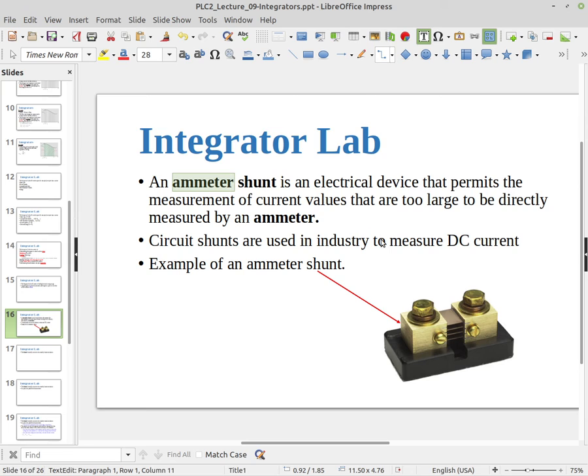So you might have this electric motor with 1,000 amperes running through it, and you want to measure that current so you know exactly what it is, but you can't run that through the ammeter. So the idea is we're going to bypass about 99% of the current past the ammeter through the shunt.